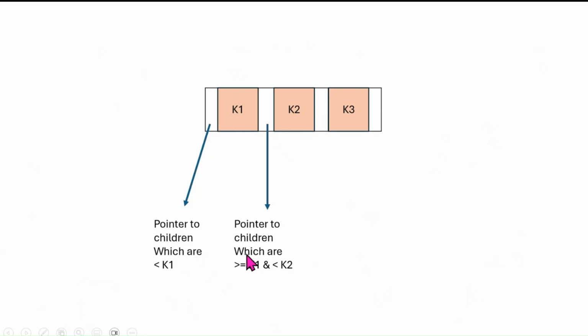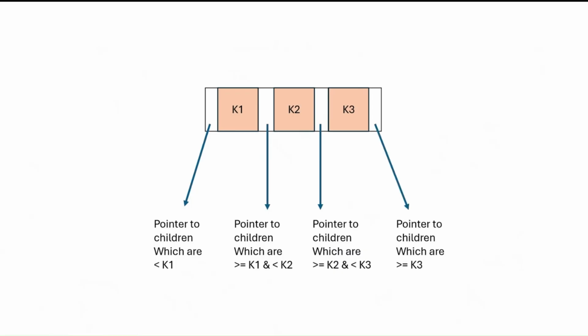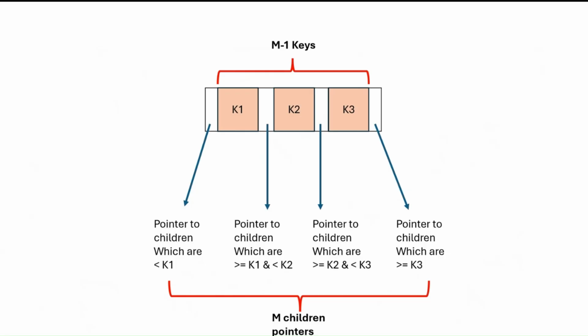This is the pointer to children which are greater than or equal to K1 and less than K2. This is greater than or equal to K2 and less than K3. And this is the pointer to children which are greater than or equal to K3. So this is M minus 1 keys and M children, where M is 4 here. This is how the node structure in an M-way search tree looks. These keys are also sorted in order.